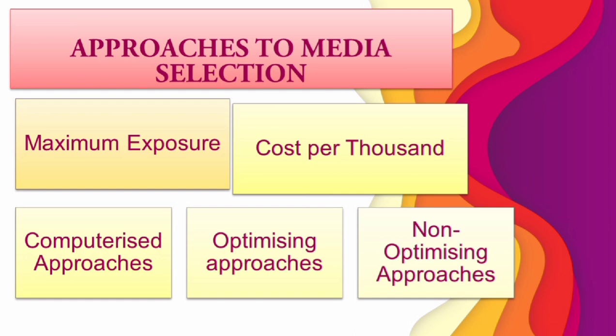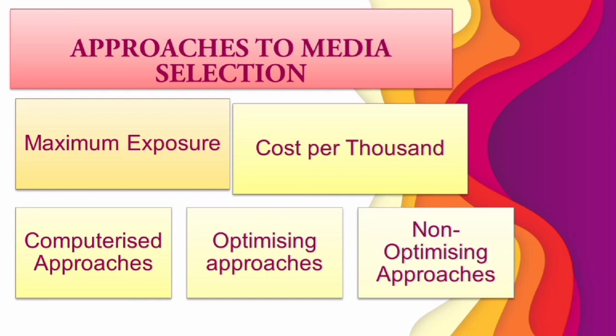Simulation models enable the media planner to assess the value of any given media plan. A schedule is prepared for each medium with the population characteristics. Models for non-optimizing approach are as follows.